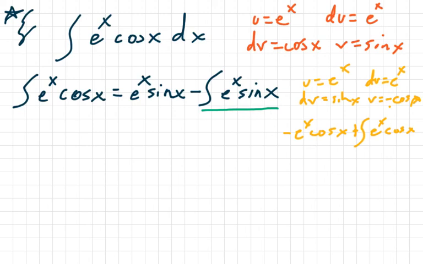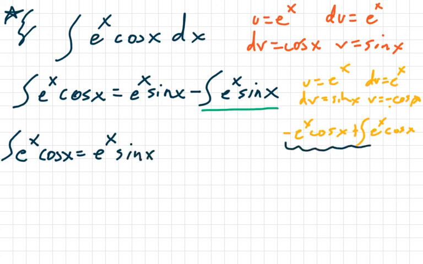So okay, so now when I go back in here, I got the integral of e to the x cos x equals e to the x sine x minus all of this stuff.